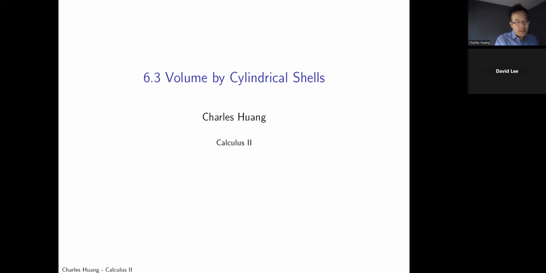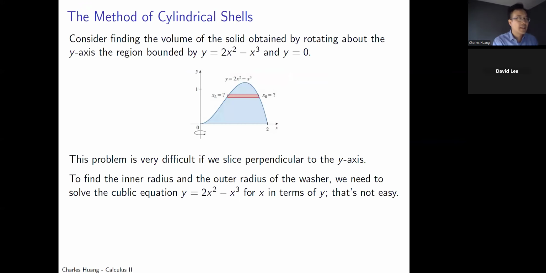Now, the shell method is a little bit different. It deals with shapes that have a slightly different symmetry and a slightly different method of rotation. So let's imagine that here we have a region, and we're going to rotate this region about the y-axis.